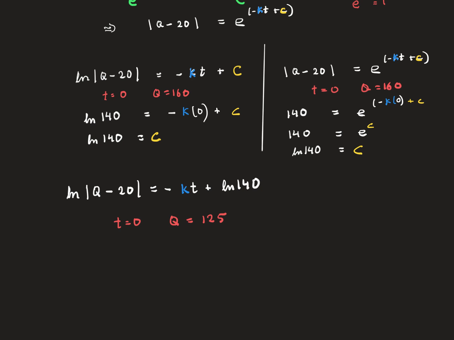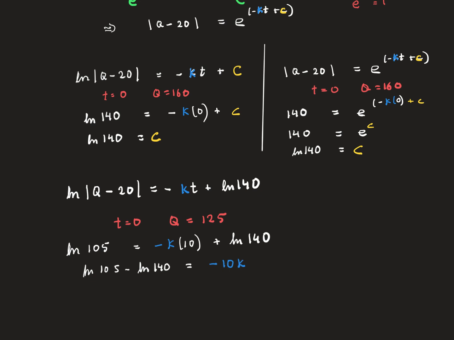And substituting those, we'll get ln of 125 take away 20 is 105, and minus k, and the time at this point we're saying is 10. And we still add ln 140. So ln 105 take away ln 140 is equal to minus 10k.